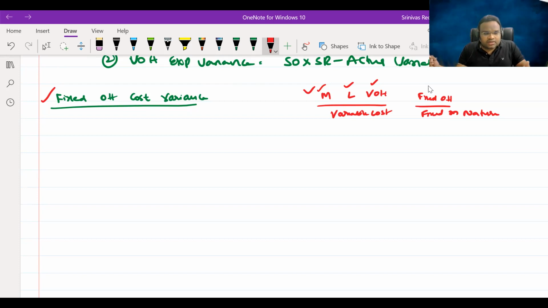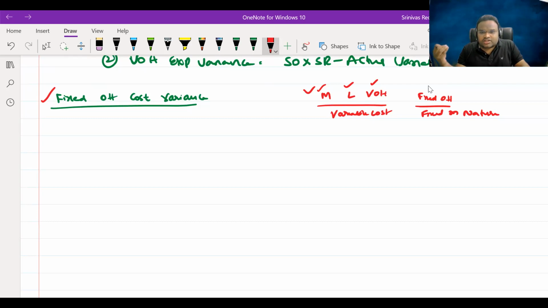For example, I wanted to conduct a class. For that, I need material, that is our printed material. I may need faculty. I also need the room. Faculty, if I'm paying based on hours, is a variable cost. Material cost, based on the number of students I take printouts for, is also a variable cost. Whereas rent: I have a capacity to keep 1,000 students or 100 students in a room.